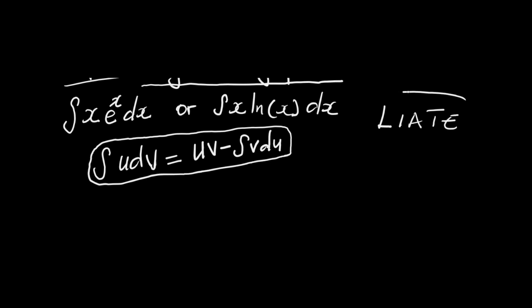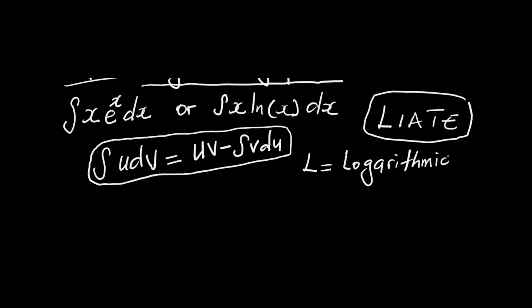We have to use this rule. What do you mean by LIATE? L stands for logarithmic, ln x. I stands for inverse trigonometry.